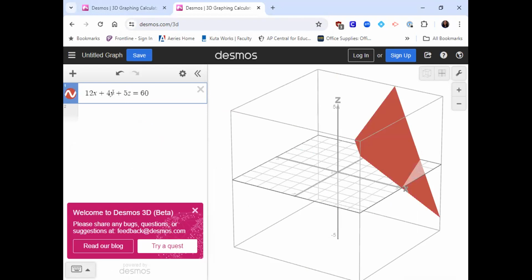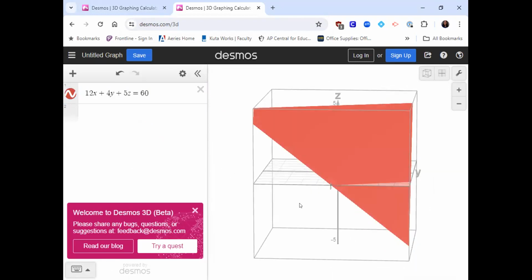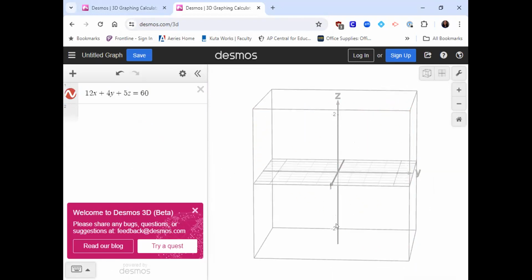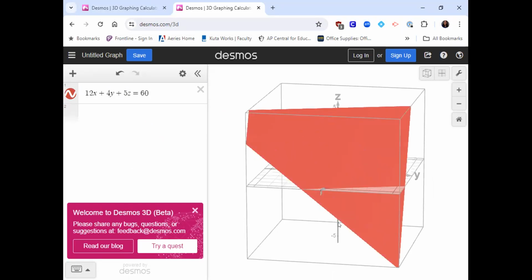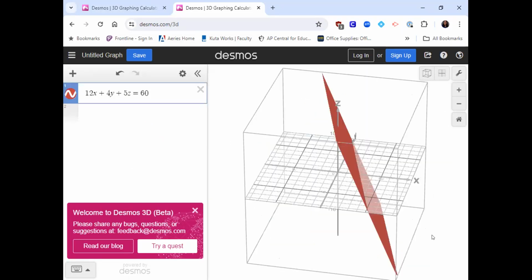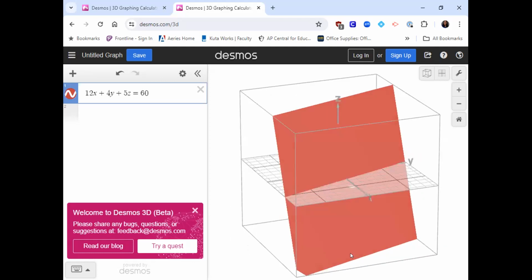Okay, one of the things you'll notice about Desmos is that you might have to zoom in or out to be able to see it properly.